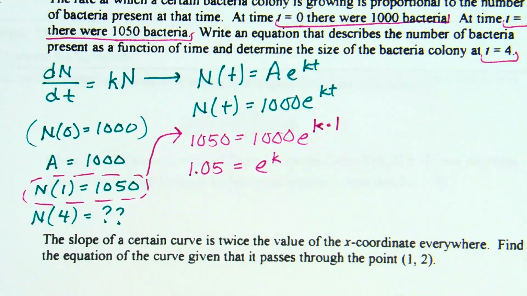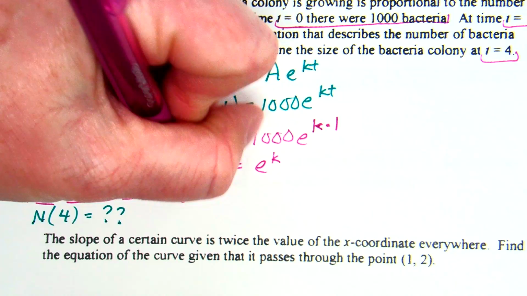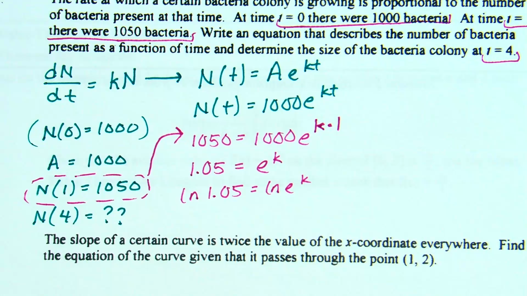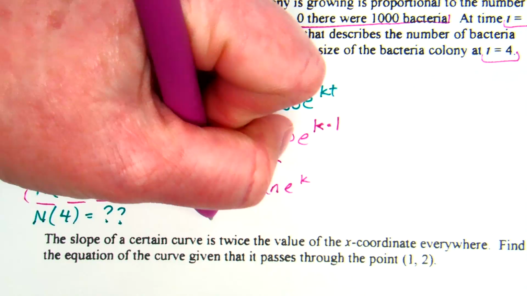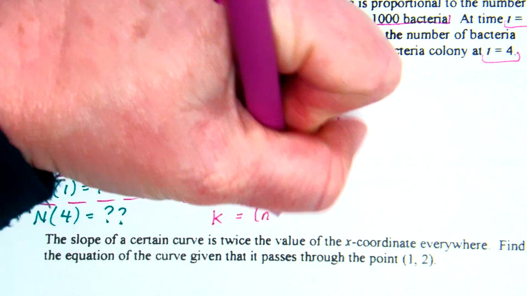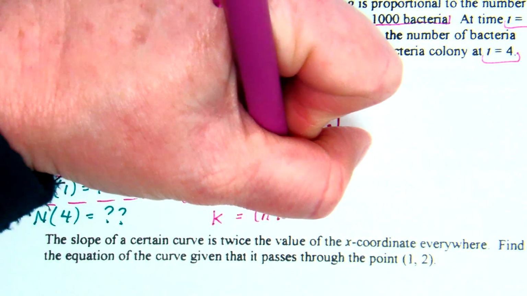I had a student yesterday who said she was just doing the opposite of that, left, right, middle, which also works if you can undo that. I simply teach the natural log of 1.05 is the natural log of e to the k. But what do we know? The natural log of e to the k is just going to end up being k. So we know that k is the natural log of 1.05, which is some lovely decimal.